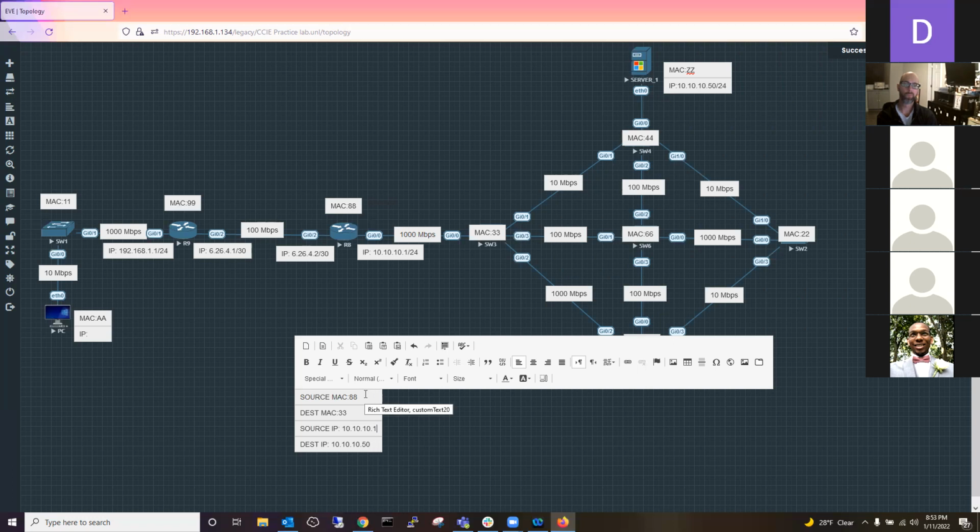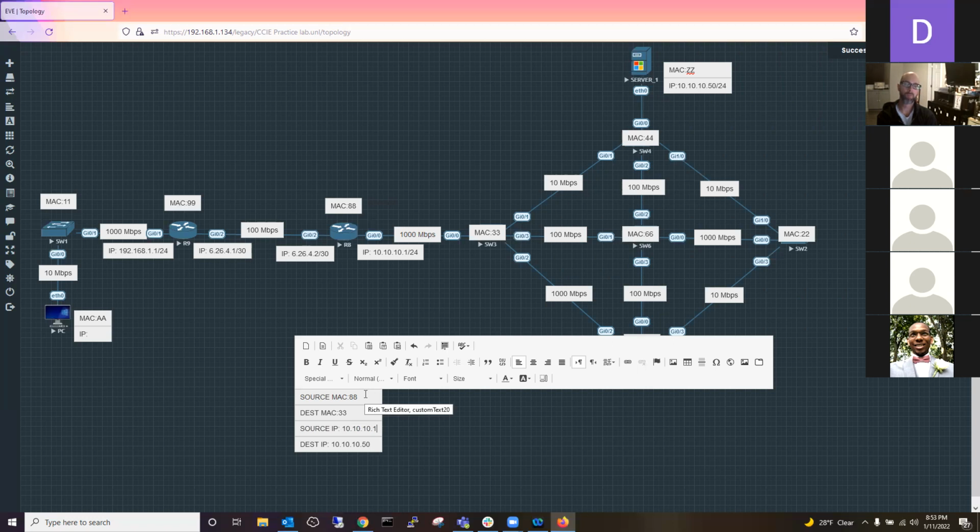Okay, remember what we said, right? Rule of thumb: in most scenarios, the MAC addresses will always change on a per hop basis, while the source and destination IP addresses will never change.